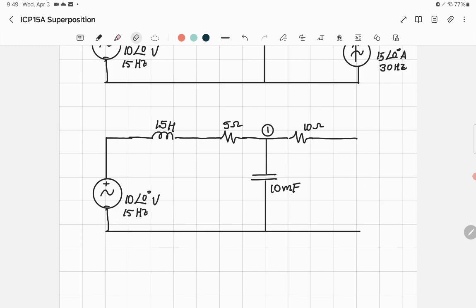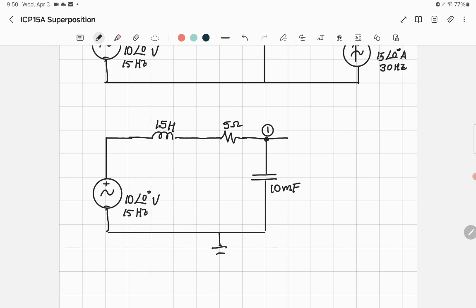Then you apply the voltage source. Since this side is open circuit, there is no current, and you don't want to calculate any voltage here, so you can just delete this one. You should keep this ground with you. All right, that's your reference point. And now we want to find the voltage at point 1.